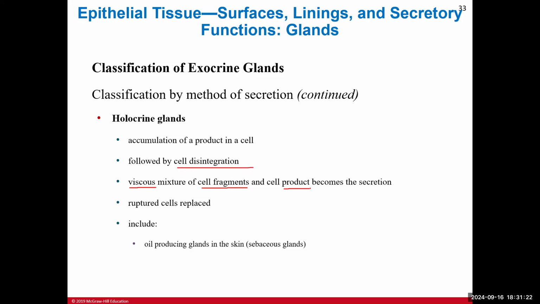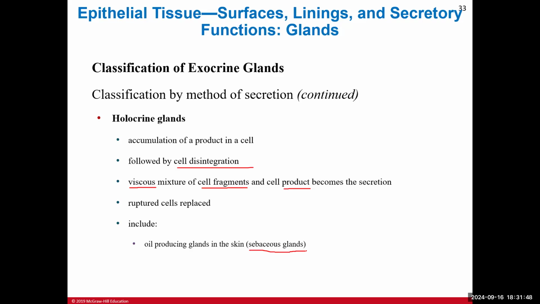And so you'll see these types of cells throughout your skin, are sebaceous glands. The things that give your skin that oily composition, these are those types of glands, the sebaceous glands. And so that secretion that these glands make, we call it sebum.